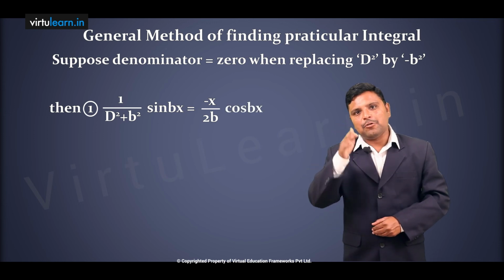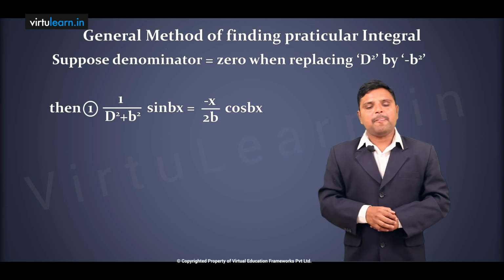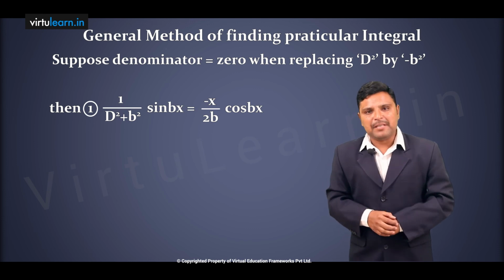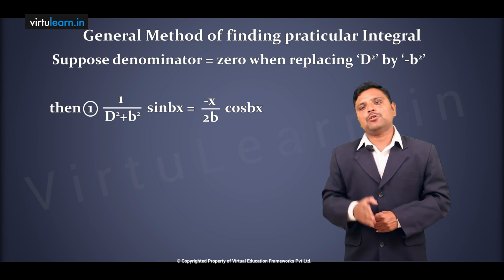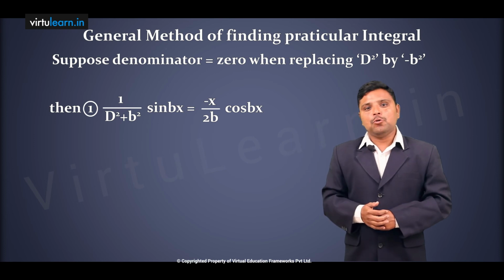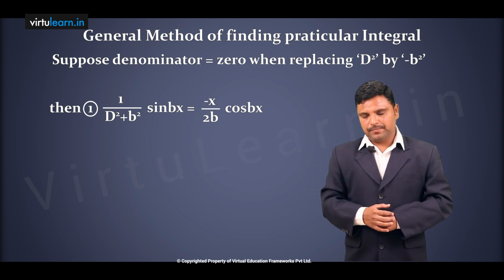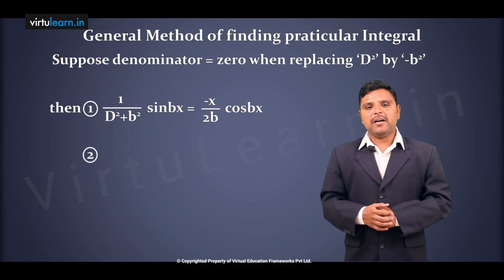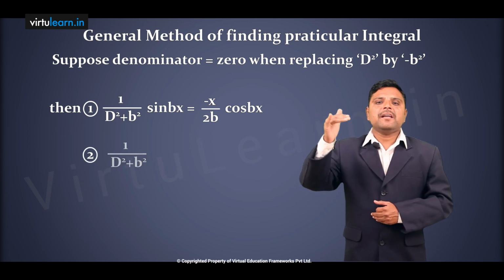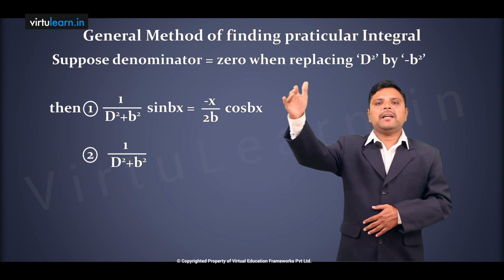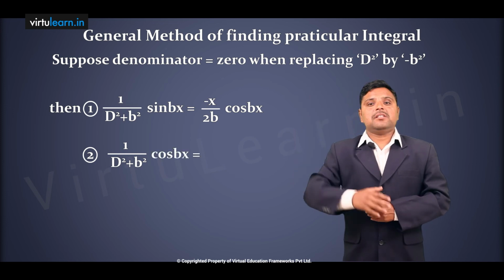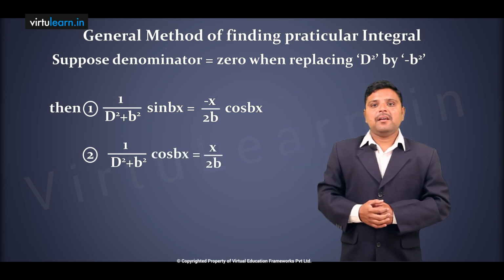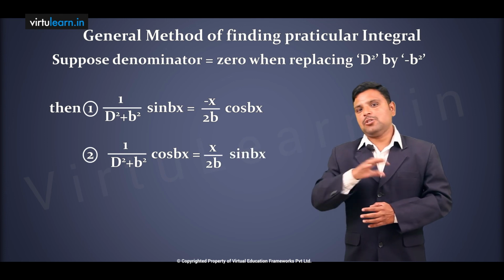Once again, 1 by d square plus b square sin bx equals minus x by 2b cos bx. Second formula, 1 by d square plus b square into cos bx, the answer is x by 2b sin bx. These two are the formulas.